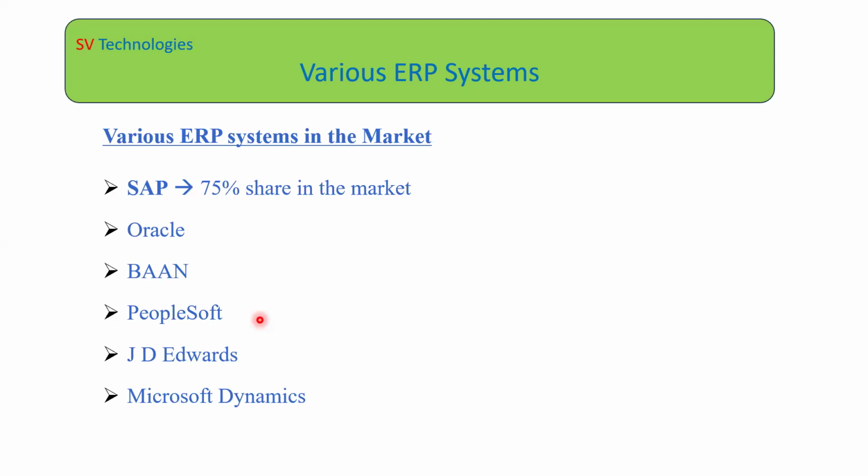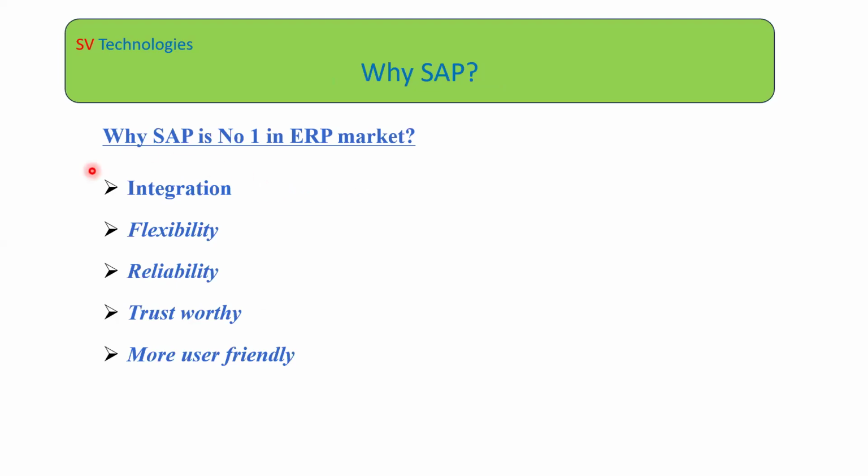Then we will see why SAP is leading in the market. Because of these advantages, the main advantage in SAP is integration. Integration means it will coordinate all the departments. Any organization has different departments or business units, like planning, purchasing, finance, production, sales, HR.